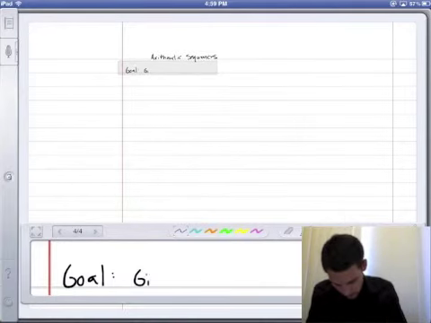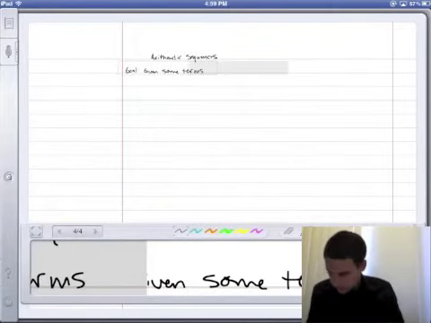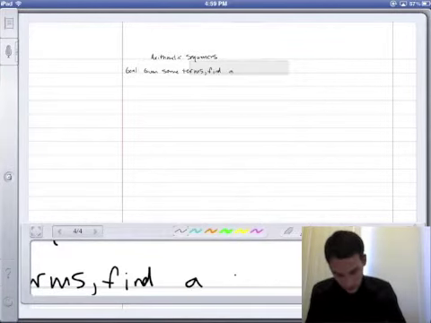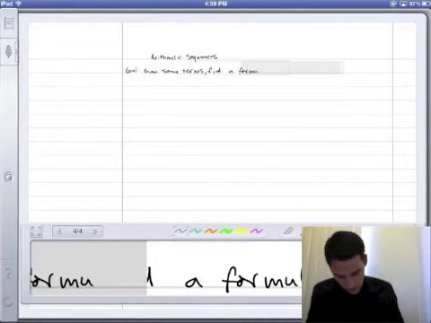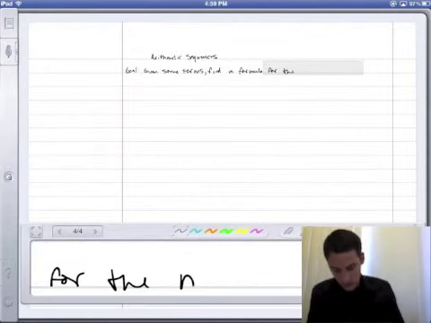So, given some terms, we will find a formula for the nth term.